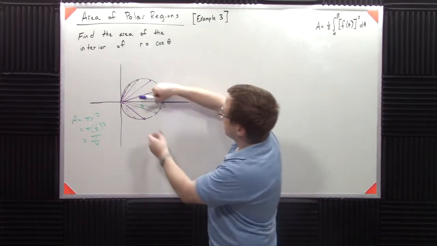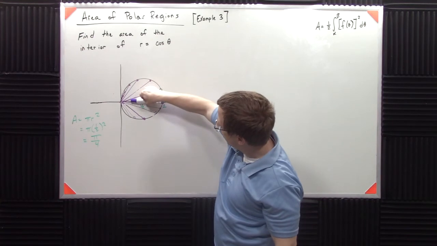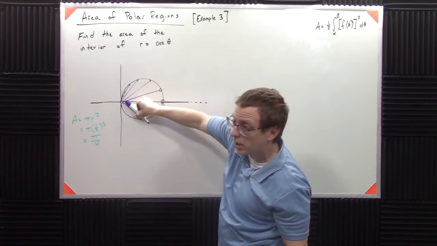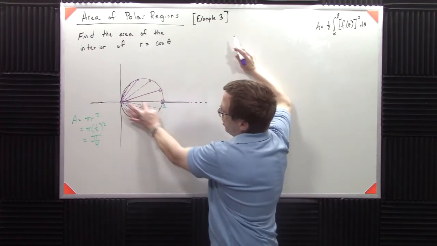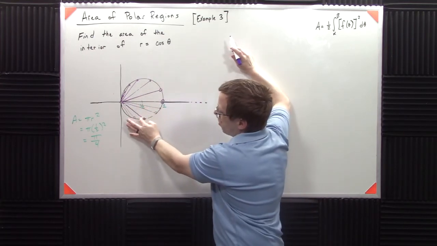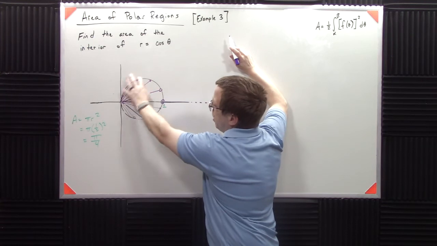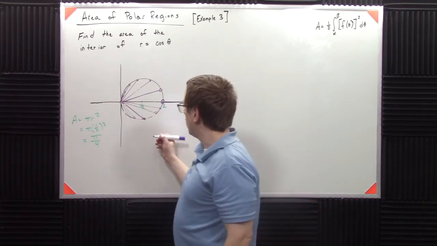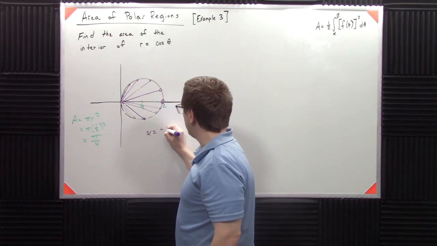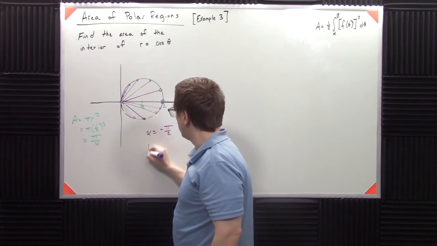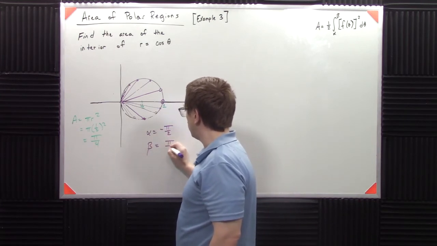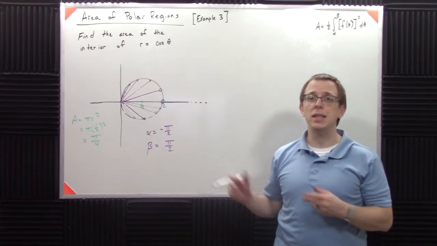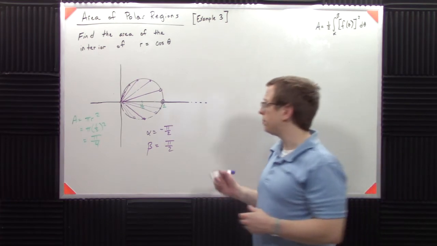Because then as I go from 0 down to pi over 6, pi over 4, pi over 3, so on, my radius gets smaller and smaller back to 0. So I've covered this whole circle by saying that I go from negative pi over 2 to positive pi over 2. By doing that, I can set this integral up and we can solve for it.